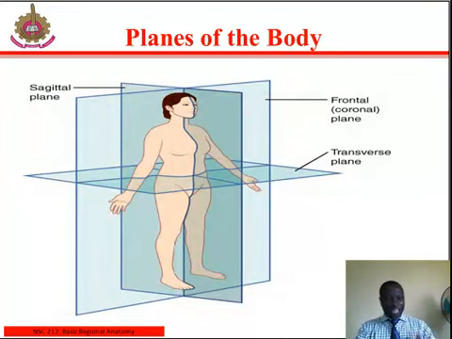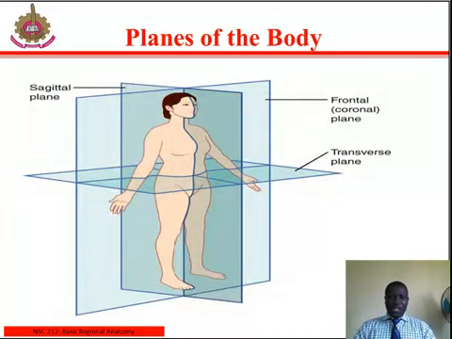Let's start with the sagittal plane. Sagittal plane is the plane that divides the body or an organ vertically into right and left sides. If this vertical plane runs directly down the middle of the body, it is called the mid-sagittal or medial plane.